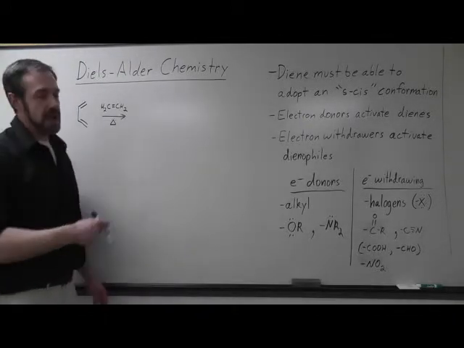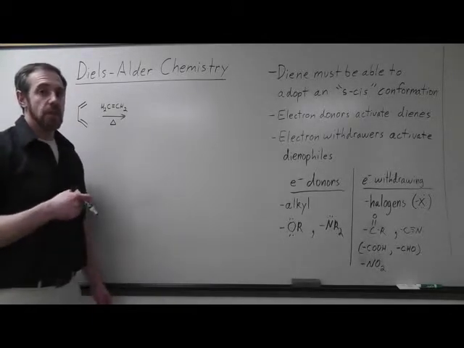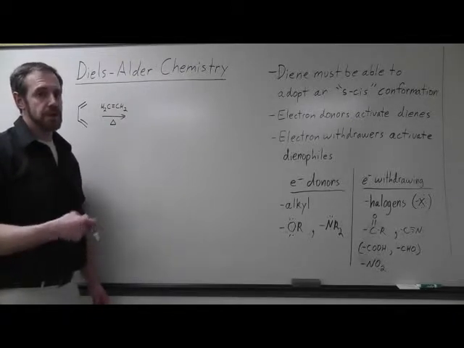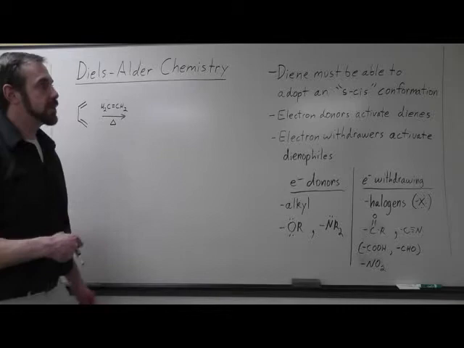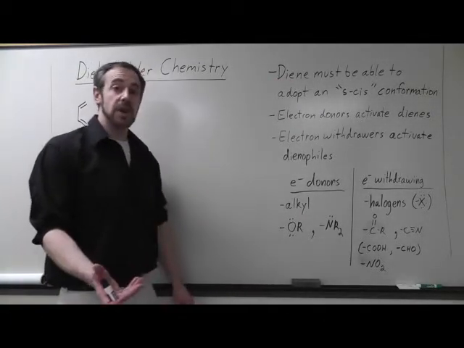In a Diels-Alder reaction, you've got to have a 1,3-diene, and that will function as your diene for the reaction. And that diene must be able to adopt an S-cis conformation.